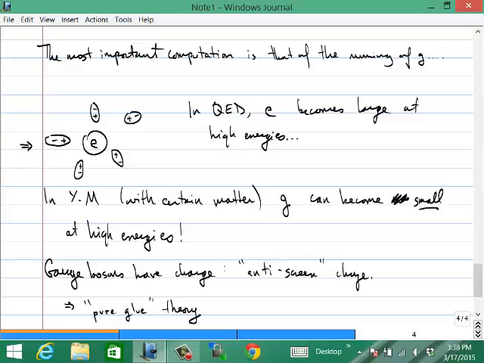Now, the question of whether or not a given Yang-Mills theory has a coupling that gets weak at high energies or strong at high energies depends on detailed questions like what is the gauge group and what sort of matter content do you have.